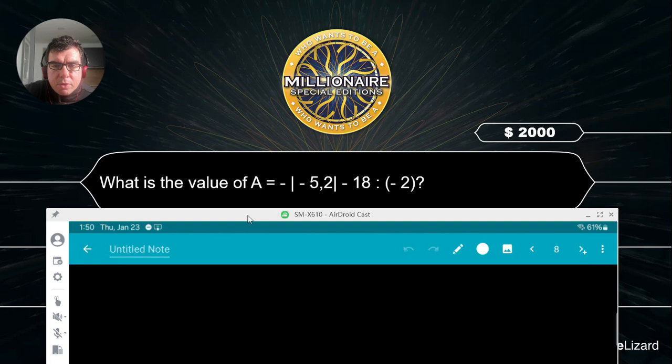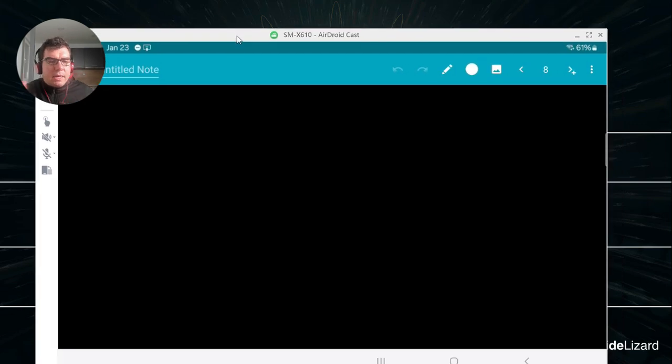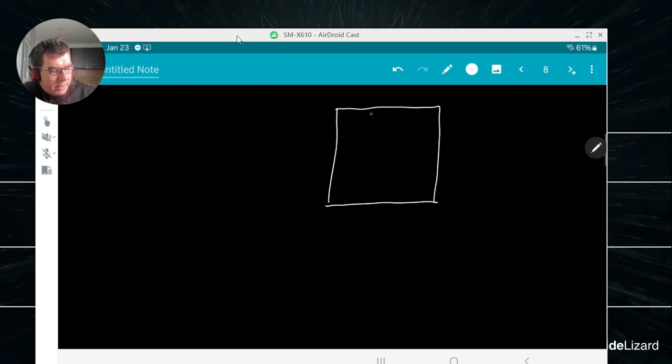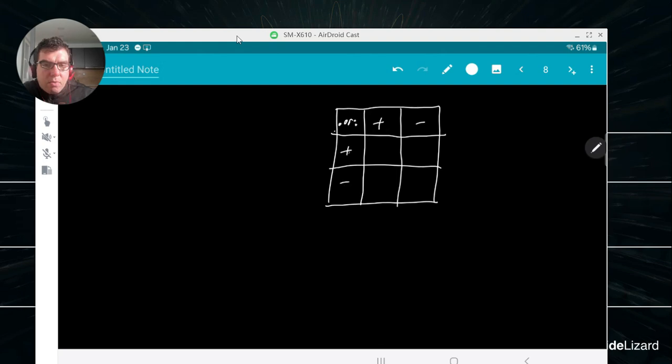Now it's very important also to keep in mind the table of multiplication or division with negative numbers. Let me very quickly draw this table. So if I have times or division, multiplication or division, like this, one of the numbers is positive and the other is positive, the result is positive.